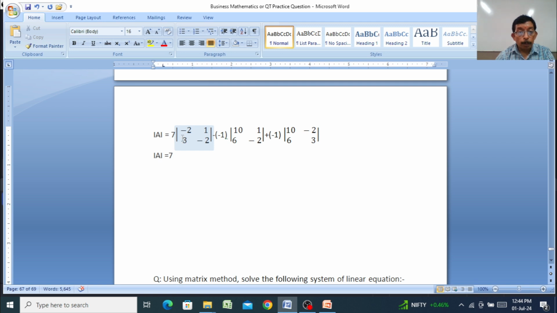The value of the determinant of the second order is the difference of the cross multiplication of the elements. That is, -2 minus 2 is equal to 4, taking the negative sign. Then plus 1, and the difference of the cross multiplication of the elements.